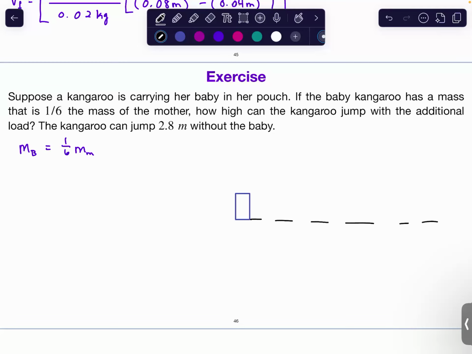So this is the kangaroo, and the kangaroo's going to jump. Kangaroos aren't shaped like that. Did you tell that was a kangaroo?